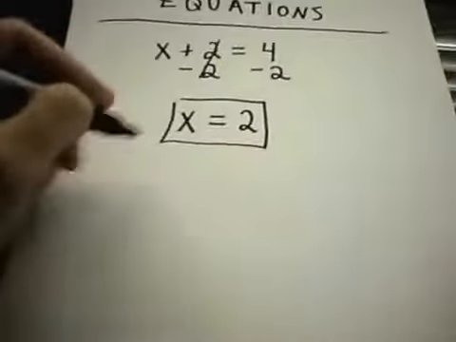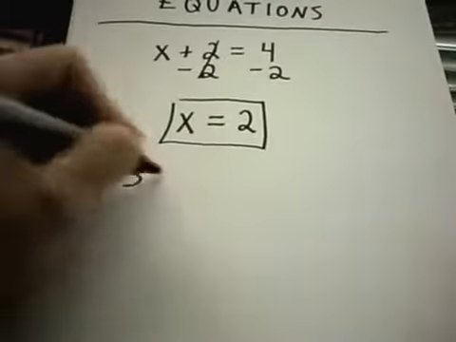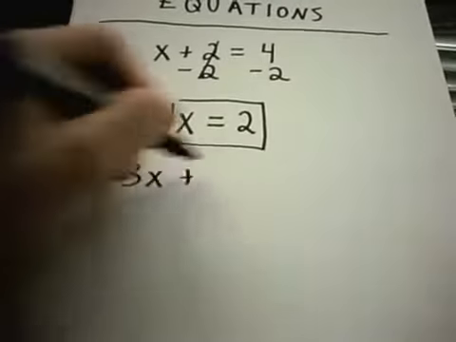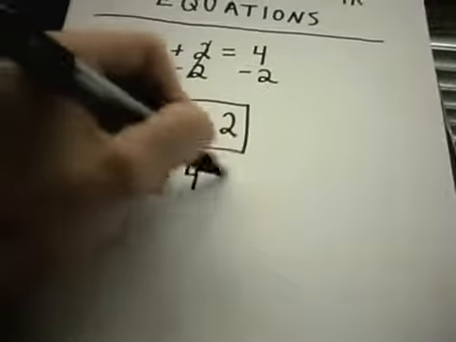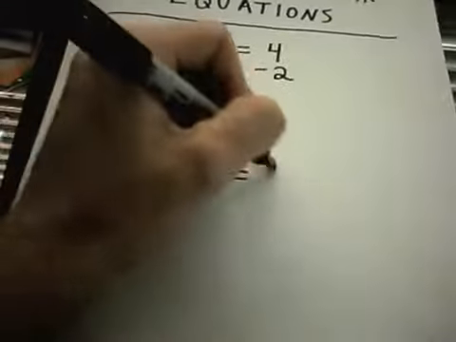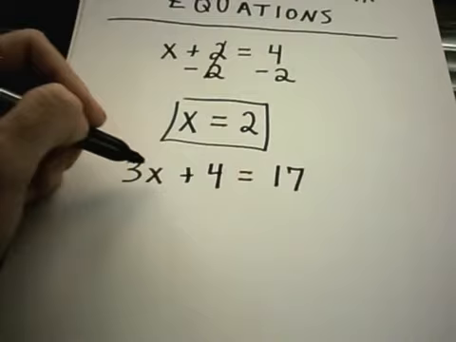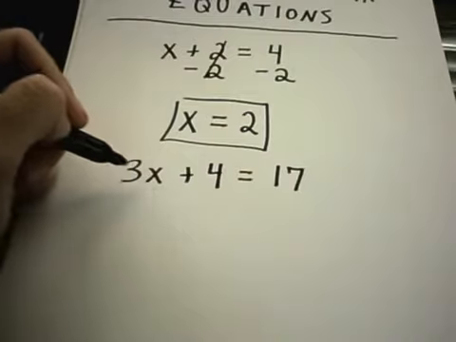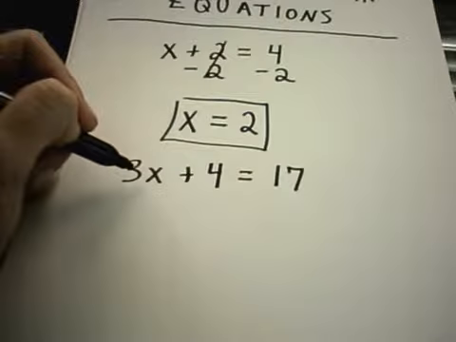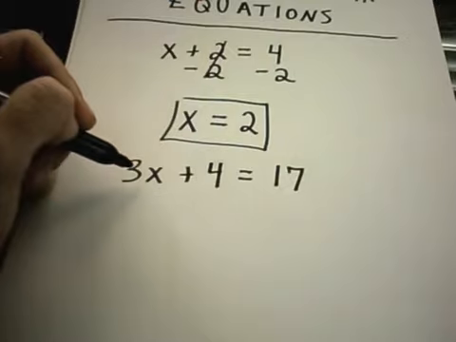Let's do some more of these. Suppose I have 3x plus 4 equals 17. Okay, so in this problem, it may be a little harder to guess what x is, what value it should be. But the idea is we still can use these basic algebraic rules to help us get a solution.